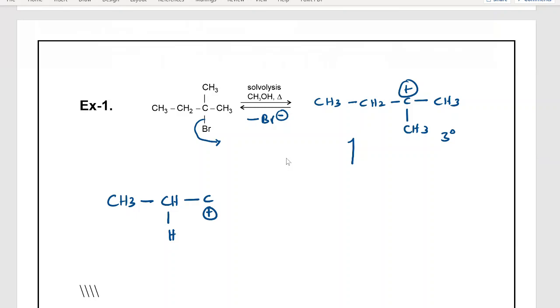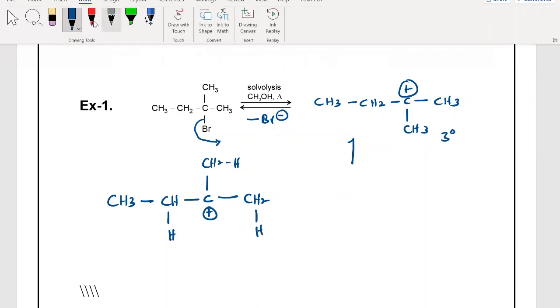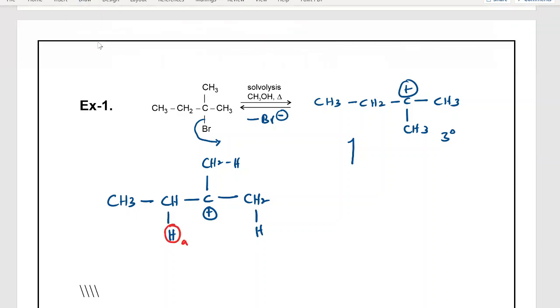This is the positive charge. 3 beta hydrogens we have. Right. What are the 3 beta hydrogens? Just listen to me. This is A. And these two are equivalent. Both are the same, identical. So I can label them as B. So then obviously we can expect more than one product or not.